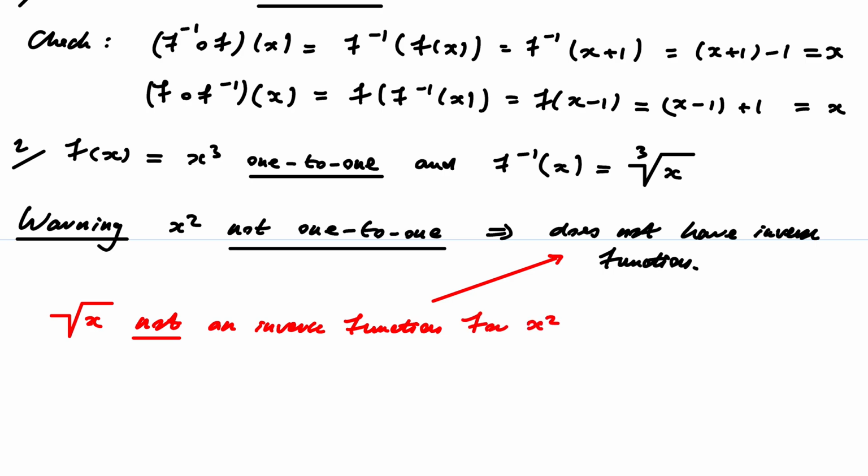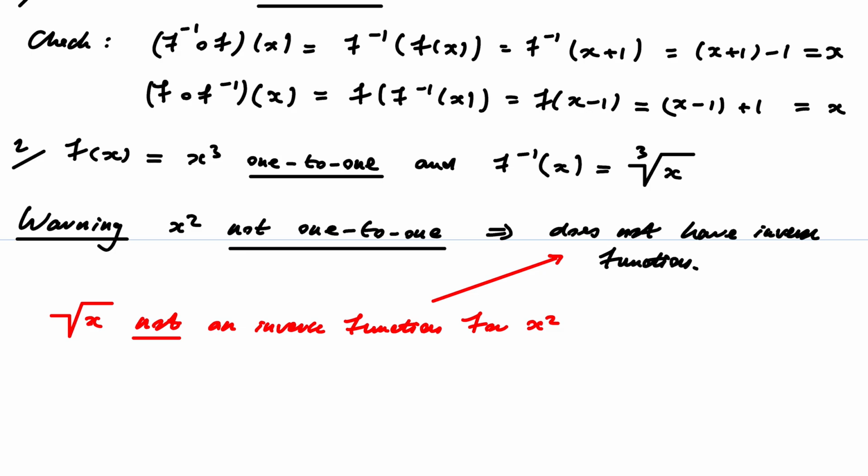Well, for it to be a true inverse, there are several things that would have to be true. First of all, what's the domain of x squared? It's all real numbers. So that would mean the range of the inverse would have to be all real numbers. But that's not true of this. It's only the positive numbers. That's the first issue, right?